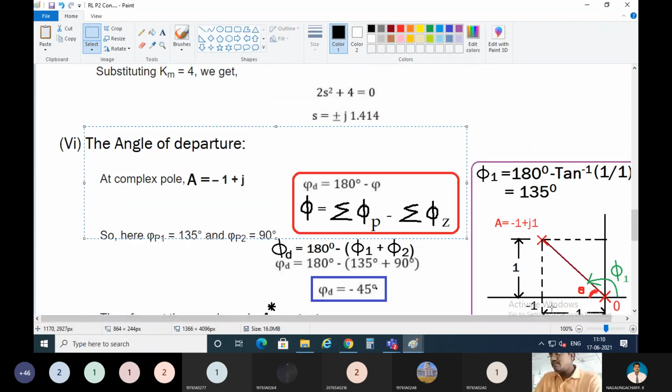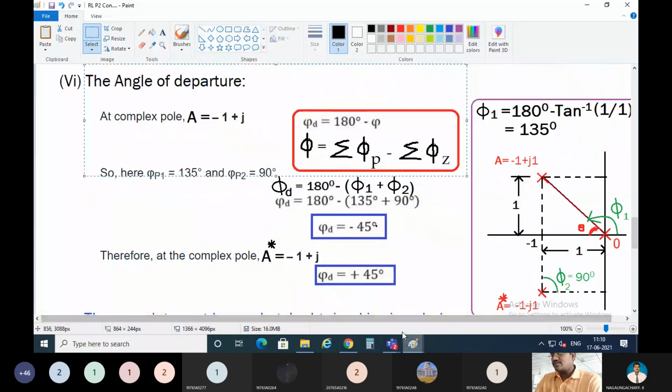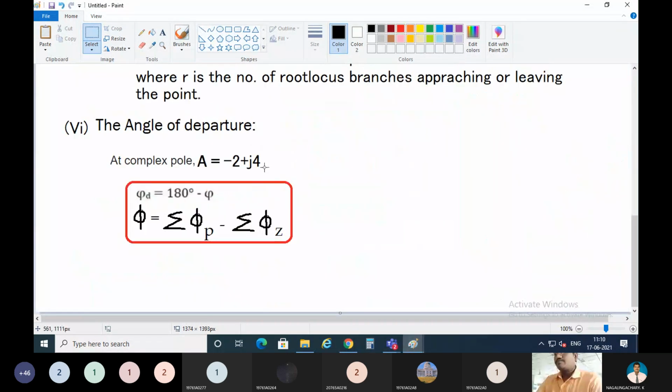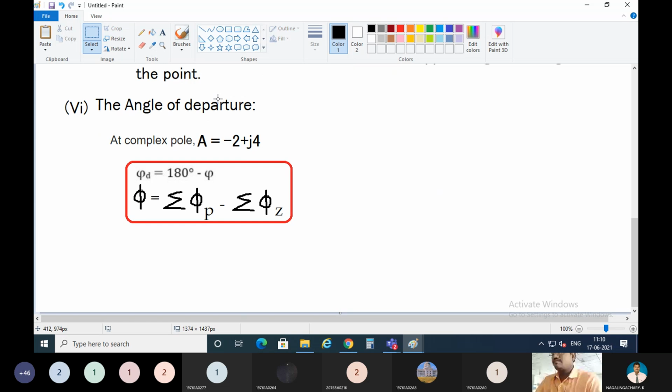So the same thing, let us take here. Just copy it. Separately, I can draw. So if I draw it, this is 0, this is 1, and this is -4, for example.